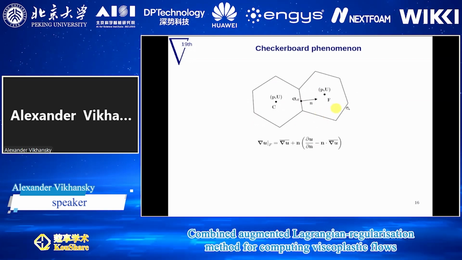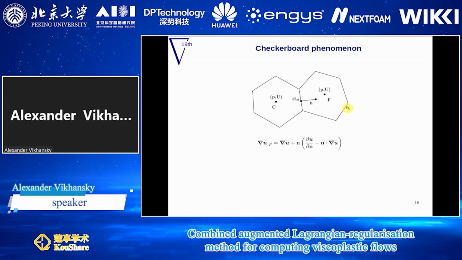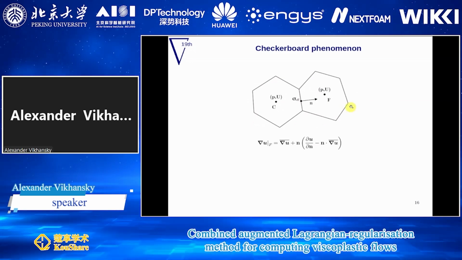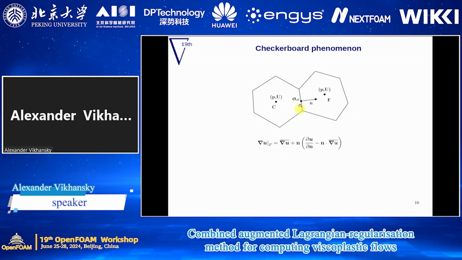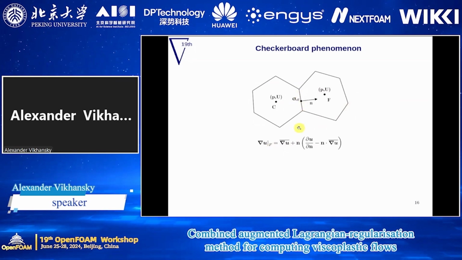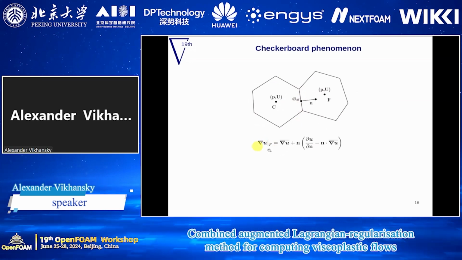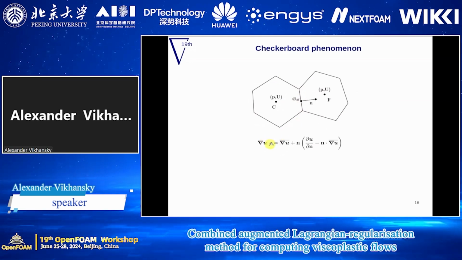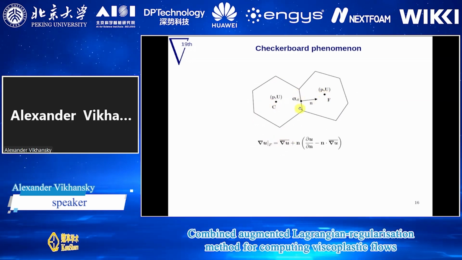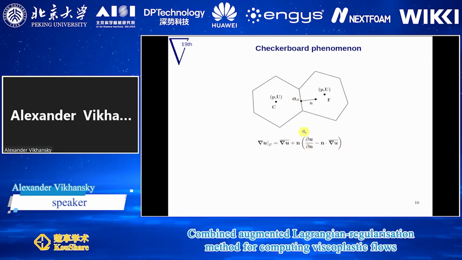And the remedy to this problem is the same as in the pressure correction. It's called the Rhie-Chow interpolation or Rhie-Chow dissipation. It means that if I want to know the stress at this face, I have to calculate the gradient of velocity first. So I calculate, of course, the gradient of velocity in the cell centers. I interpolate it to the face, and then I introduce this correction.